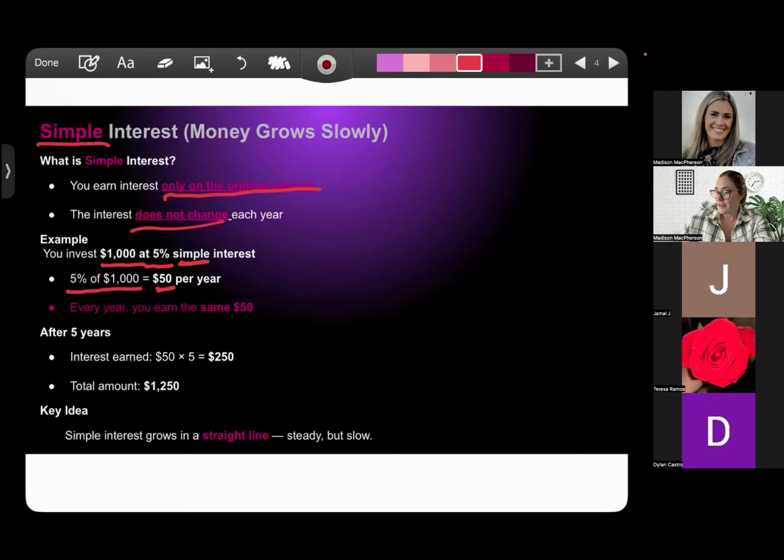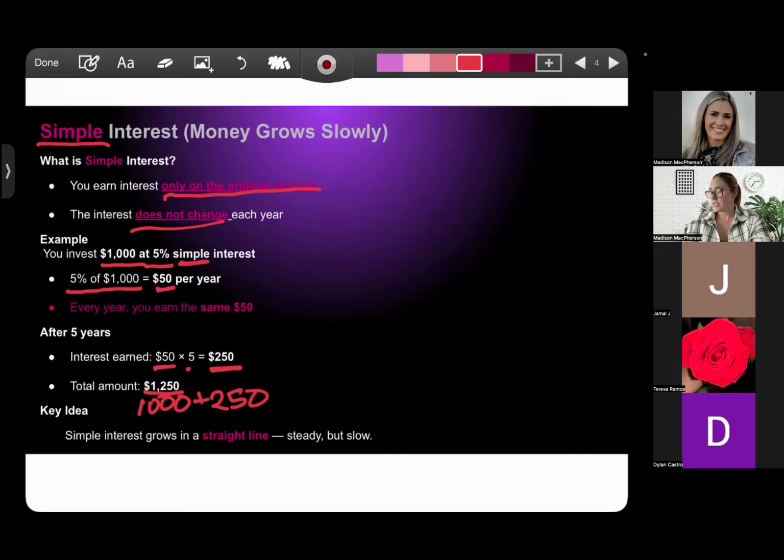So after 5 years, every year you earn $50, so we're going to multiply it by 5. You're going to have earned $250. And then you'll also have that original $1,000 in your account. So 1,000 plus 250 gives you the total amount that would be in there, which is $1,250.